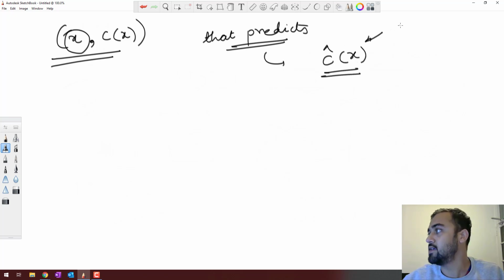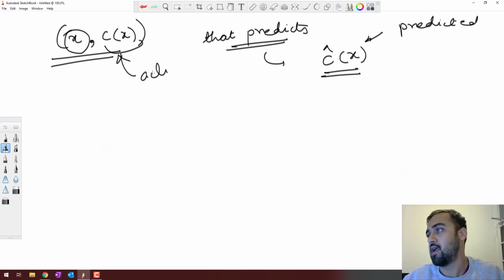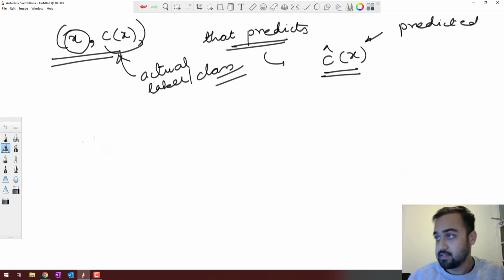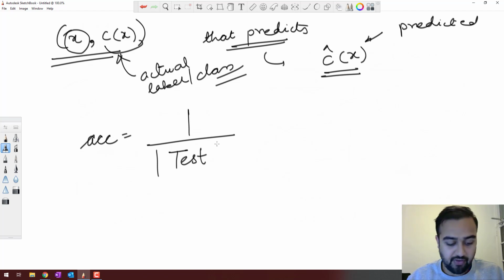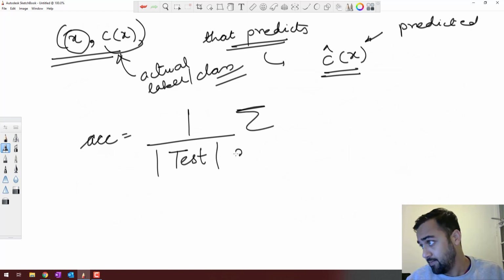This is the predicted label, while C(X) is the actual label or class, right? So accuracy in this term is the total number of samples that we take.